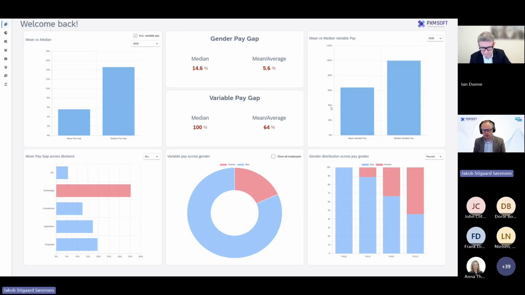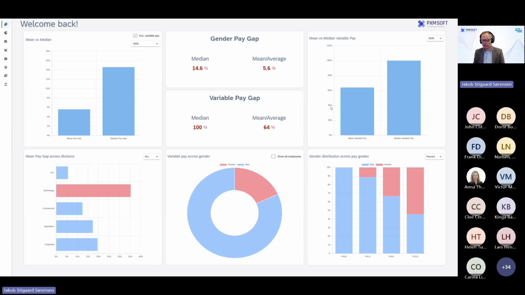As Ian started by showing, what we do in PXM is that we build applications, and we build applications on top of SAP BTP. So that's a sort of a technical prerequisite, but that also means that what I'm going to show you now is data in real time, data coming directly from your HR data sources, meaning that you're moving away from scattered files and so on, and into a full solution that provides you real-time data, real-time insights into your data.